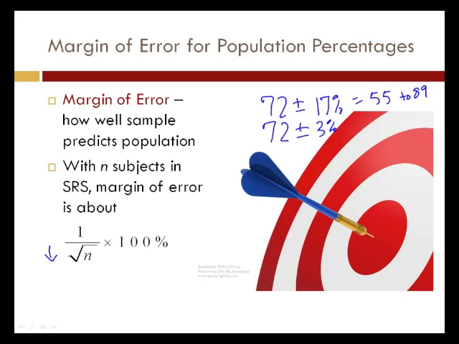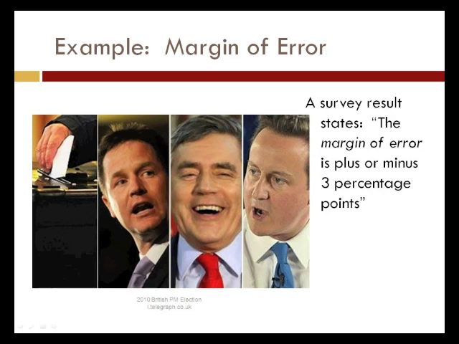We can reduce error by increasing the size of our sample. We increase precision too. And that's as we would expect it to be. Again, like you said, most Gallup polls, political polls will say plus or minus 3 percentage points. That's where that's coming from, the margin of error.